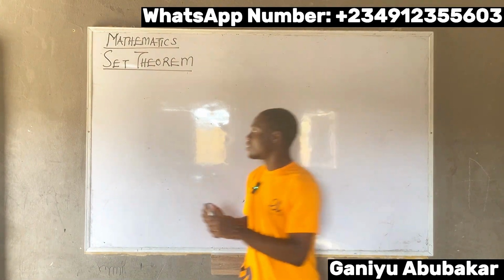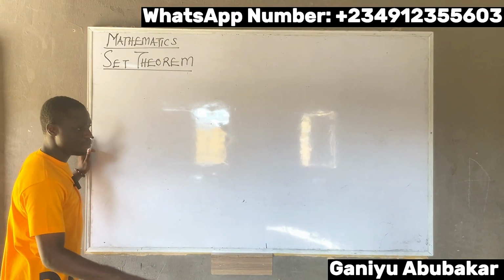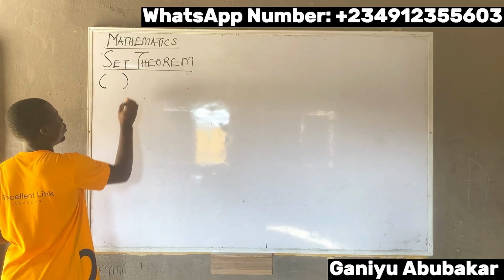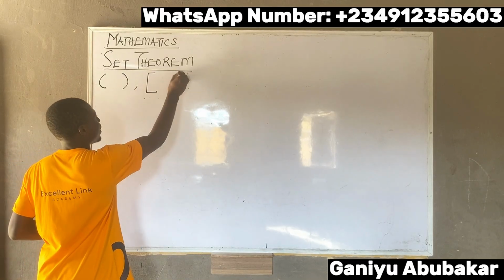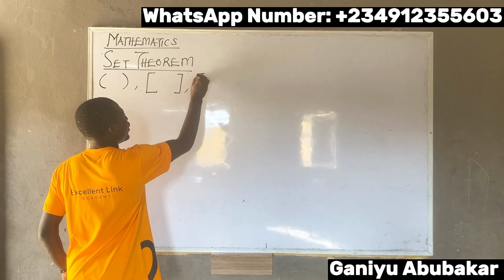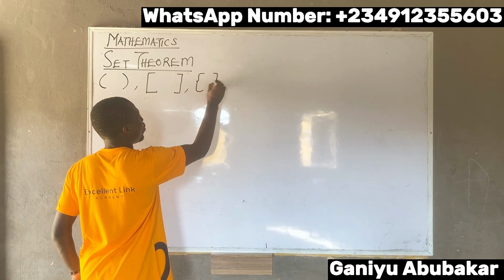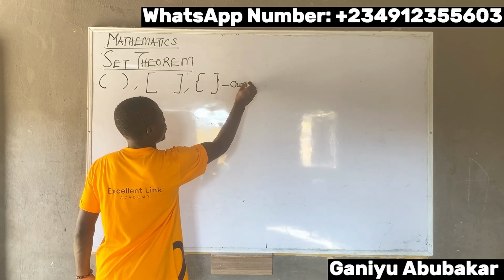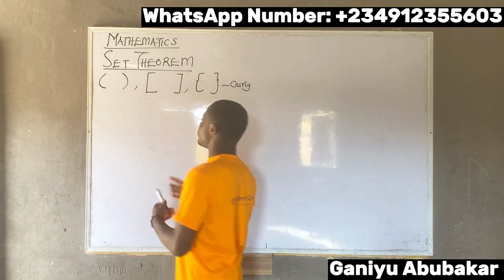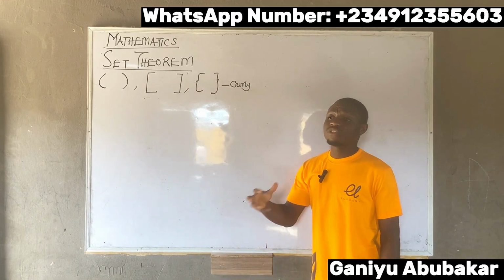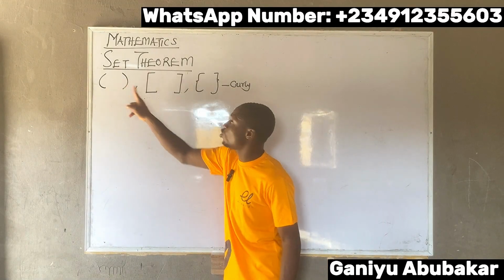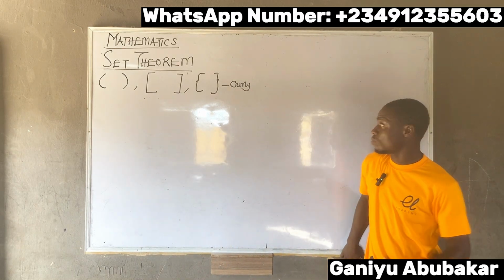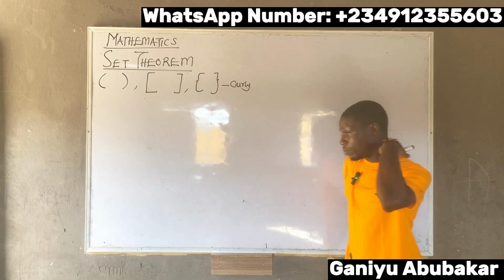So, note this, please. When writing a set, you don't use round brackets, you don't use square brackets. Rather, use what? A curly bracket. Copy that, please.